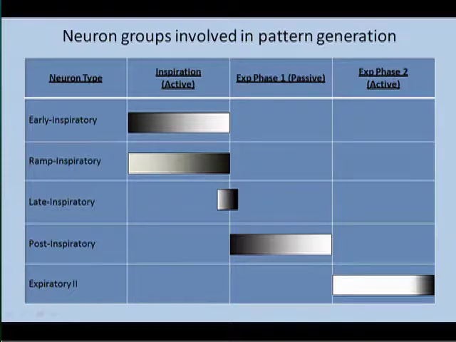If not, just know that there are a bunch of nerves that typically fire in sequence to drive inspiratory muscle contraction, then suppress contraction and allow expiration. Note that the density of the gradient in each bar reflects the intensity of firing of the related nerves. For example, early inspiratory neurons fire most intensely at the very beginning of inspiration, as shown in black, and then taper off to minimal activity, as shown in white, right before expiratory phase 1 begins.